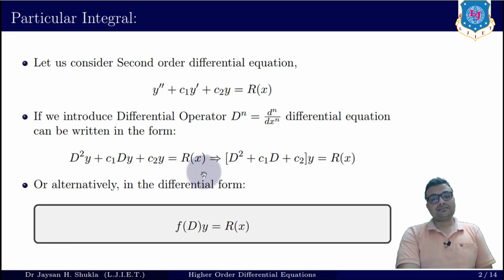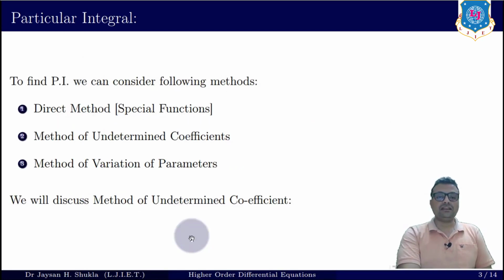Then separating y and the combination of D results in the operator form f of D y equal to Rx. Once we have this form, to find the particular integral, we can consider three main methods: direct method, method of undetermined coefficients, and method of variation of parameters.